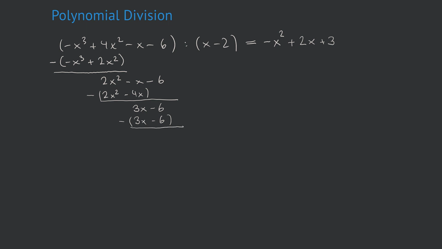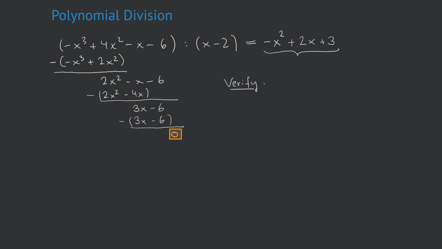Now something nice happens, because you see that it perfectly fits, and what remains is 0. The fact that 0 remains down here means that the division has worked out and we are done without having a remainder. The result of our polynomial division is this expression.